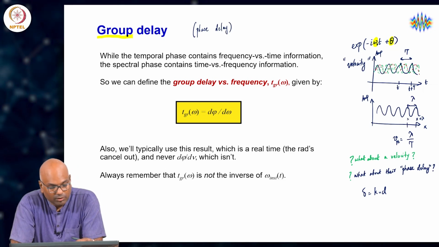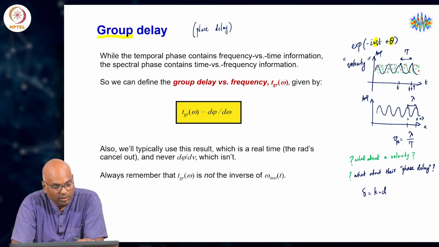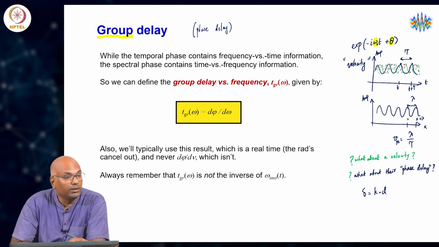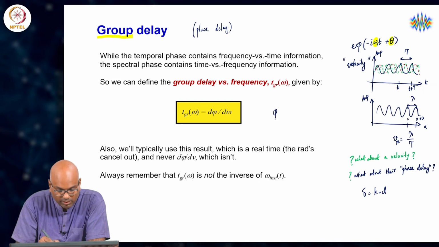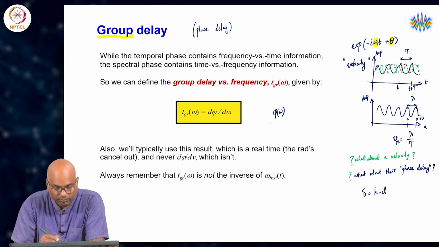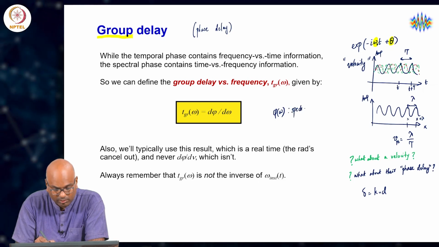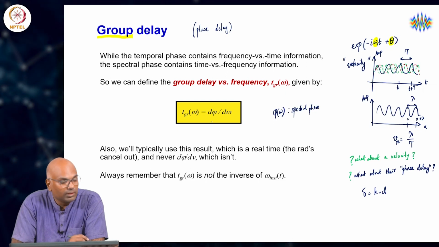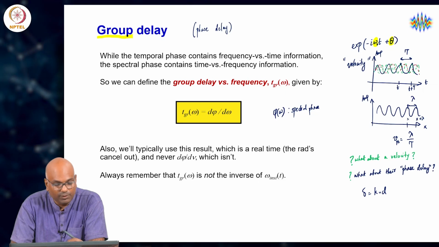Right. So, we can in similar spirit define a group delay by once again taking the only function we know, which is what, in this case, the spectral phase, and taking its derivative with respect to frequency.